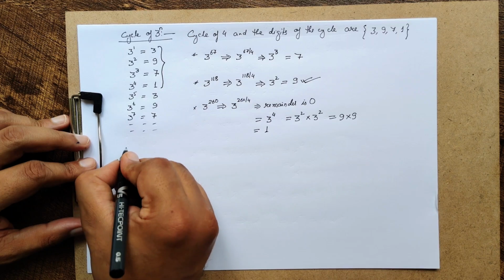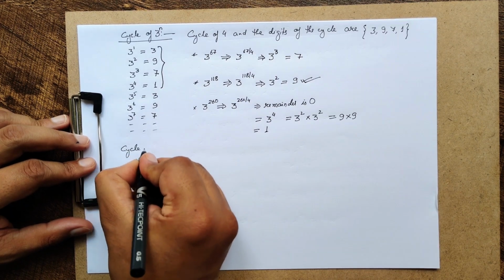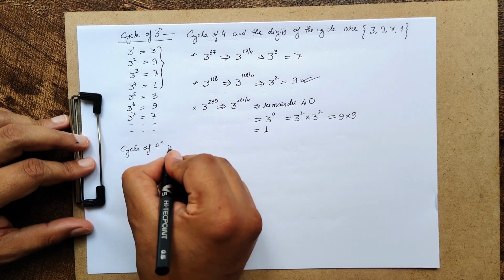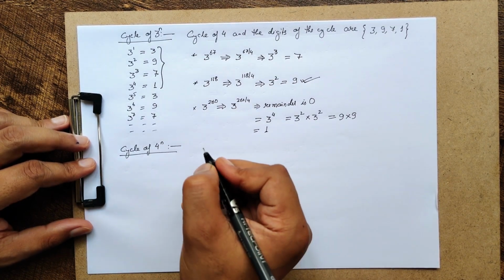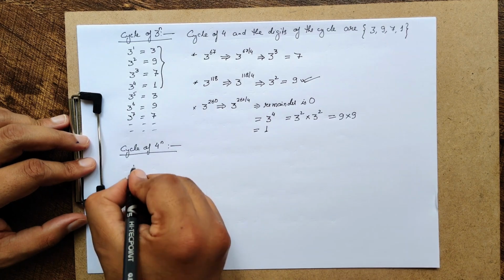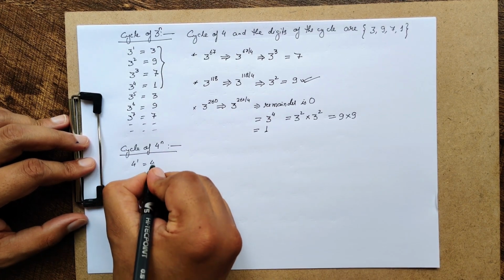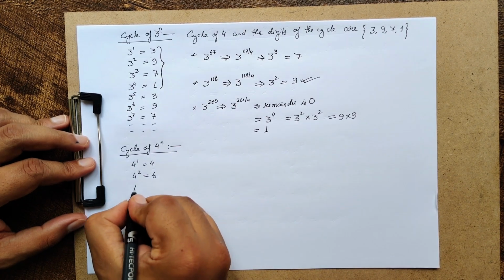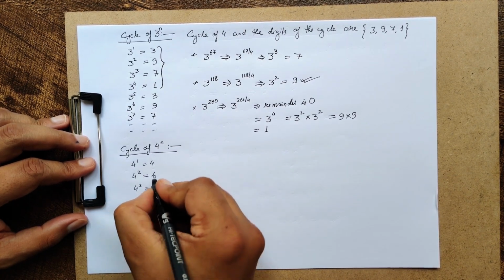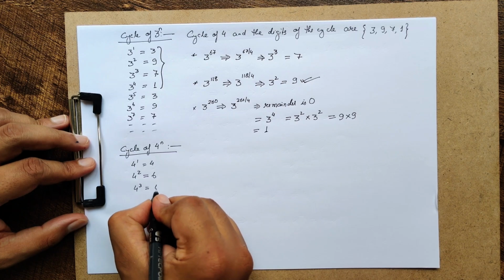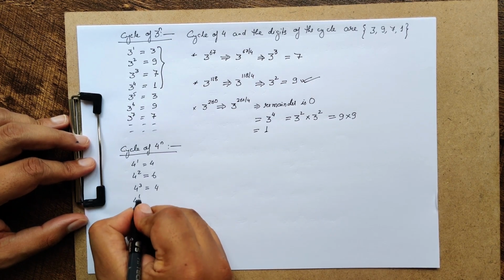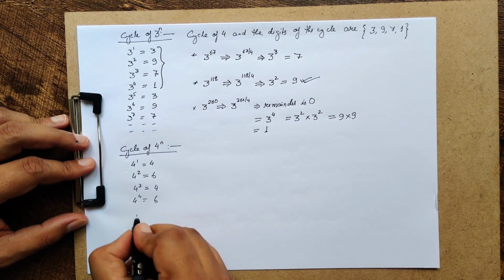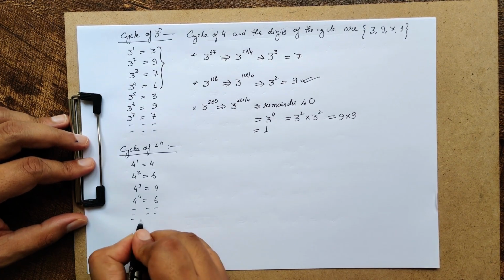Now let's see the cycle of 4, or 4 to the power n. So 4 to the power 1 equals 4. 4 to the power 2 equals 16, so 6. 4 to the power 3: 6 fours are 24, so 4 again. 4 to the power 4: 4 fours are 16, 6 again, and so on.